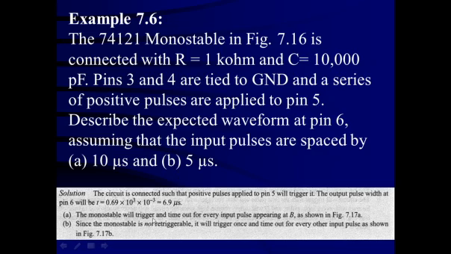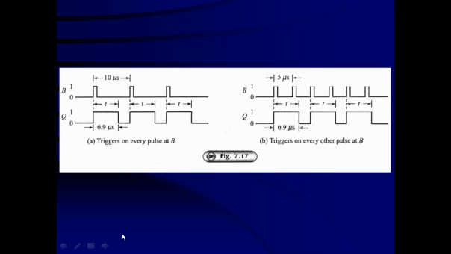The monostable will trigger and time out for every input pulse appearing at B, as shown in figure 7.17a. Since the monostable is not retriggerable, it will trigger once and time out for every other input pulse, as shown in figure 7.17b. You see this circuit.